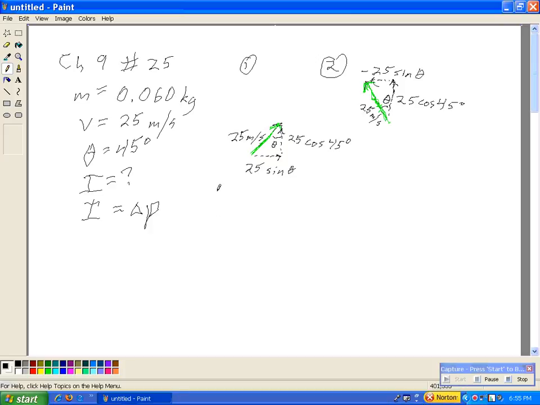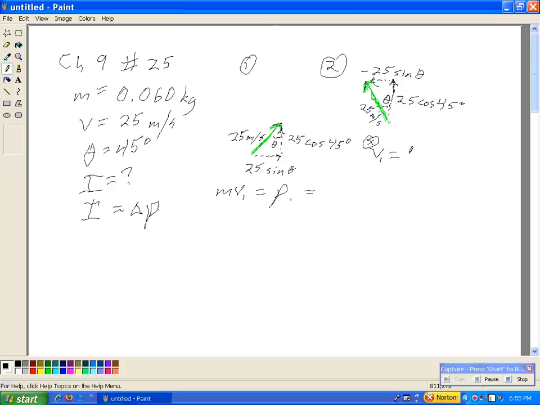So mv1 equals p1. We know the mass, the initial velocity. The initial velocity in the x direction, I'm just going to call it in the x direction. This is the x direction, because that's all that matters.